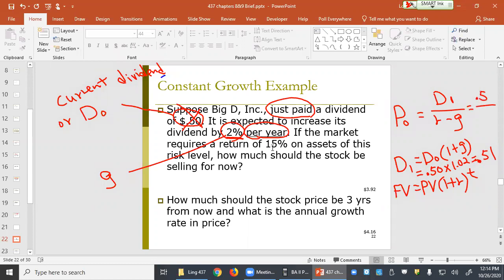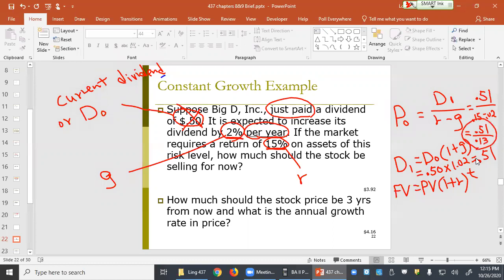So 0.51. Then we'll divide that by R minus G. R is your required return, 15%. G is that 2% that was given to us. So 0.15 minus 0.02, so our denominator is equal to 13%. So P0 is equal to 0.51 divided by 0.13.